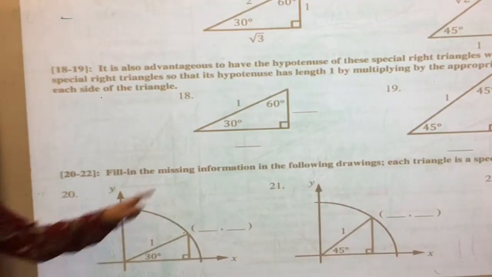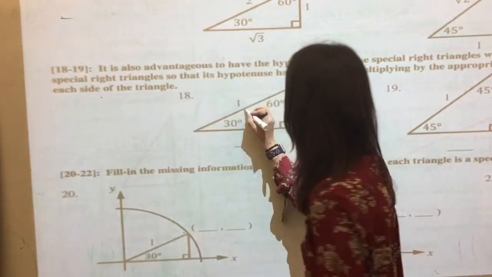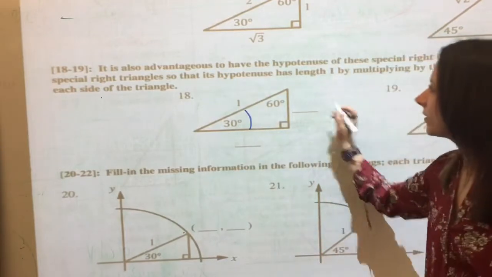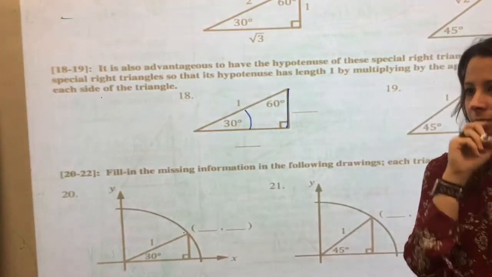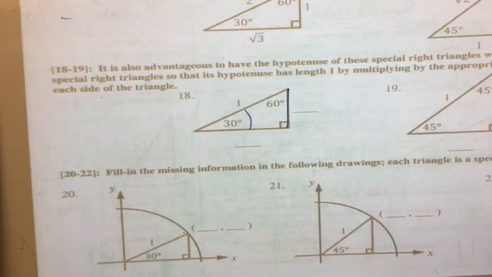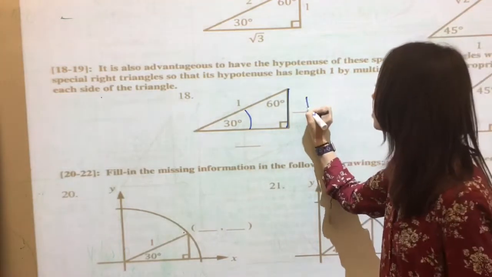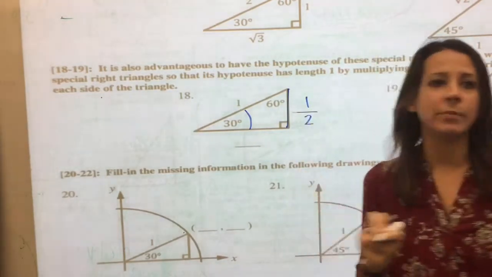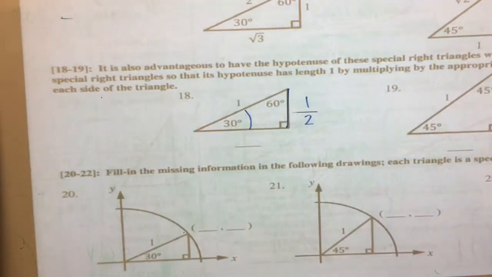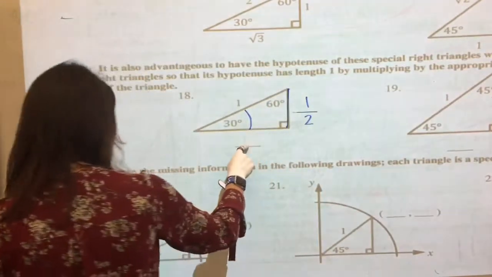Ayana, can you tell me what's always opposite the 30? No, the side length. It's not root 2/2. Root 2/2 is not, what was it? 1/2. 1/2 is our smallest ratio. It's always opposite the smallest angle. Excellent. John, can you tell us what's going to be opposite the 60?